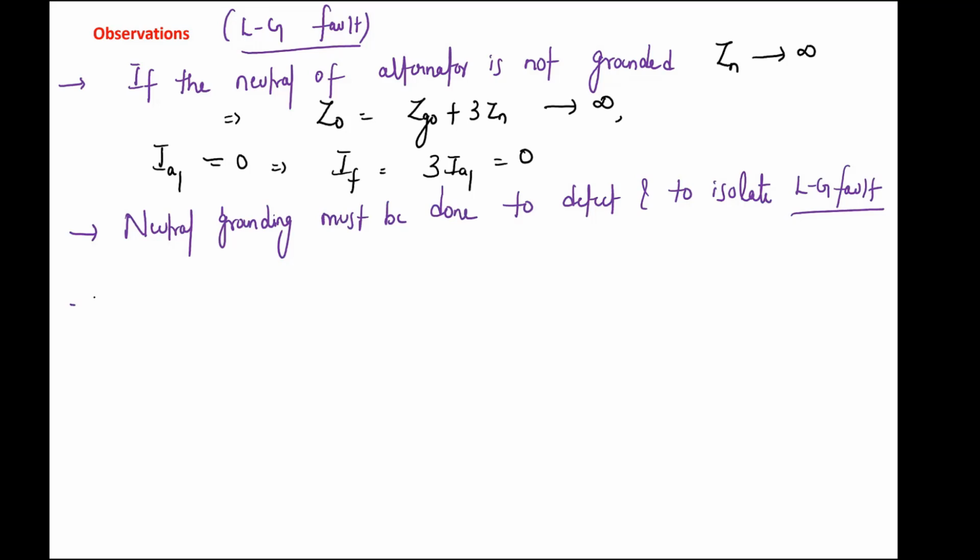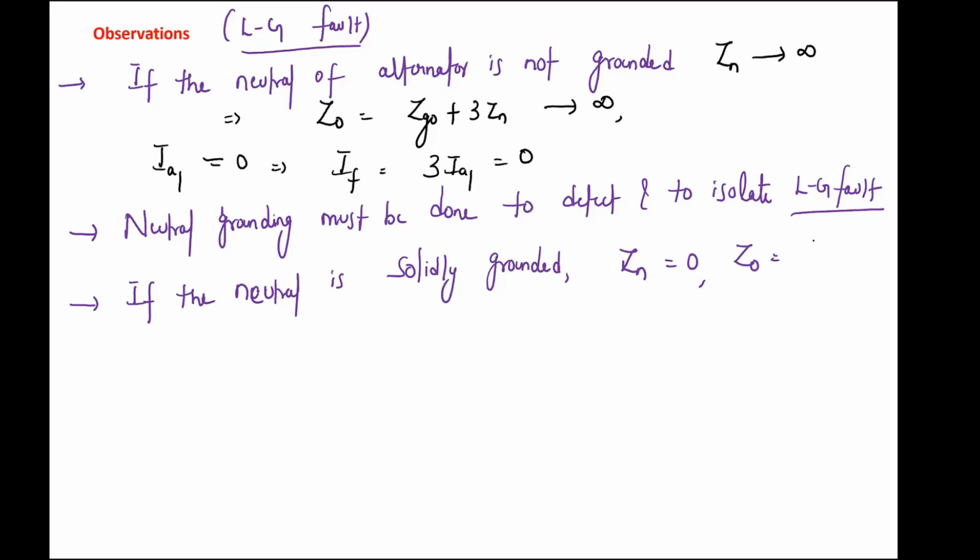if the neutral is solidly grounded, that means if you dead short circuit the neutral, then what happens? Your Zn becomes 0, and your Z0, which equals Zg0 plus 3Zn, becomes Zg0.